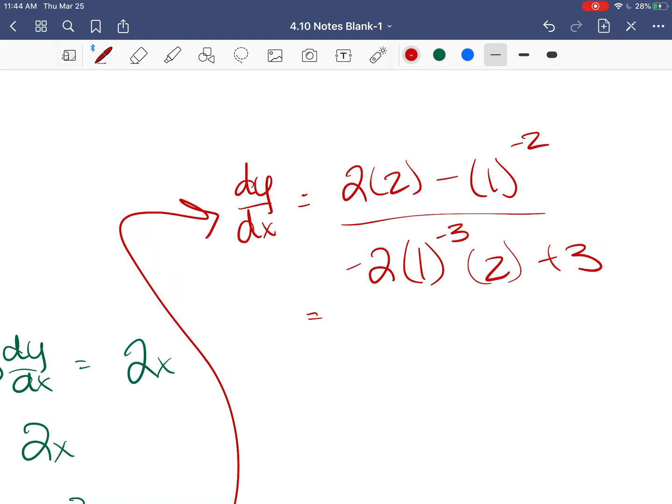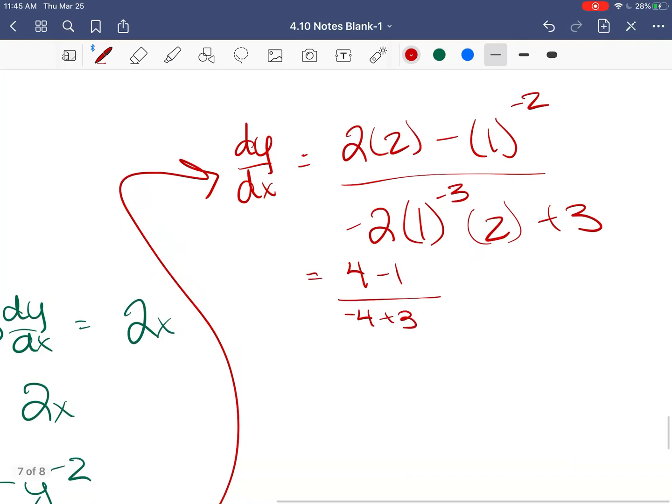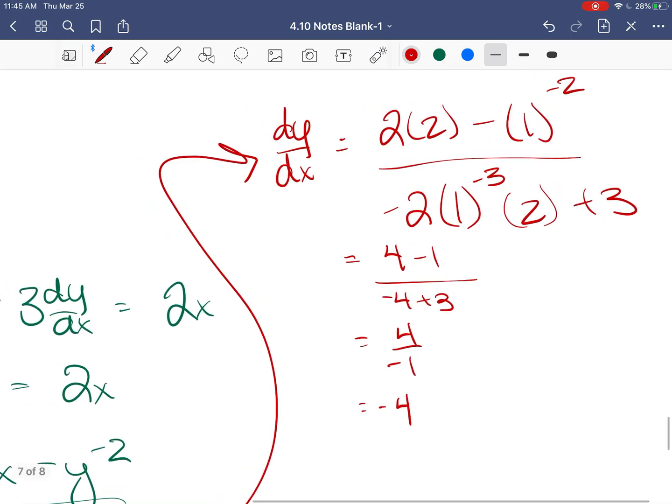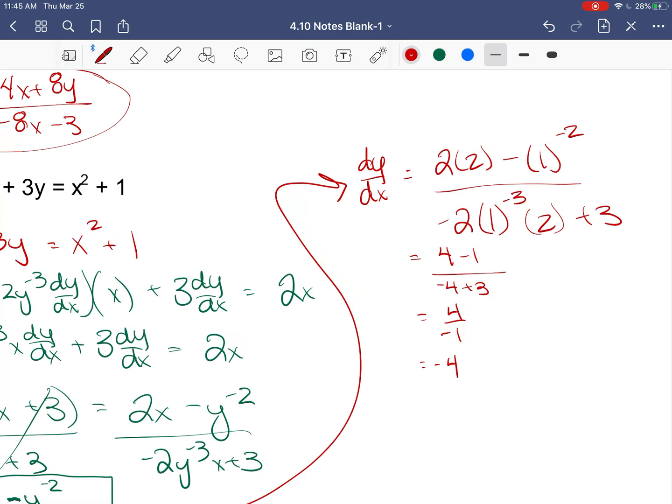Remember, negative exponents just mean it's the reciprocal, but the reciprocal of 1 is 1. So 4 minus 1 over negative 2 times 2 is negative 4 plus 3. We get 4 over negative 1, which is negative 4.